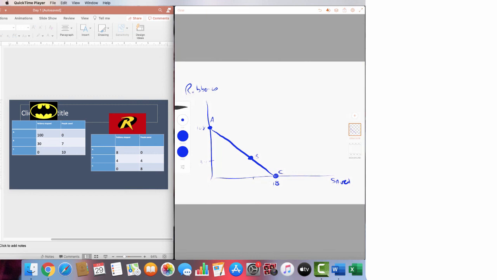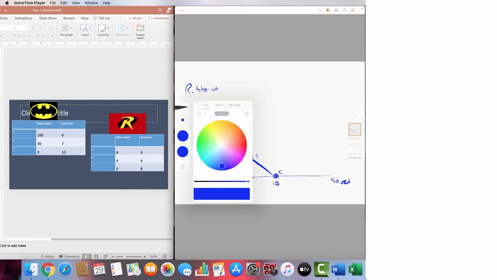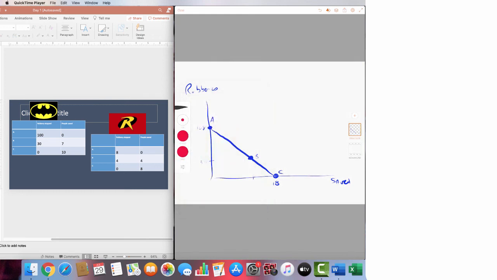But here's what I want to point out. Look at what happens if Batman specializes in production. By specializing in production, what we mean is that you do the thing in which you have the comparative advantage.